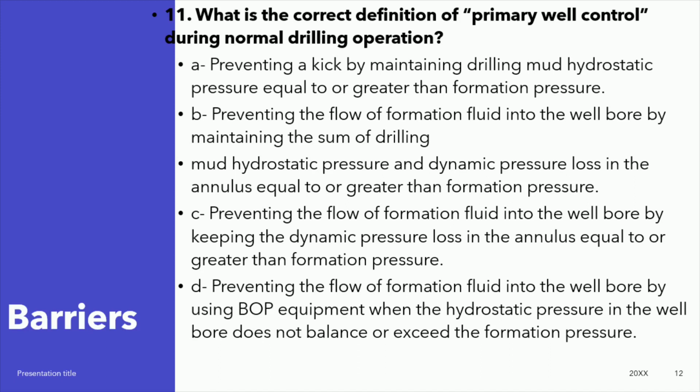C. Preventing the flow of formation fluid into the wellbore by keeping the dynamic pressure loss in the annulus equal to or greater than formation pressure. D. Preventing the flow of formation fluid into the wellbore by using BOP equipment when the hydrostatic pressure in the wellbore does not balance or exceed the formation pressure. The correct answer is A.